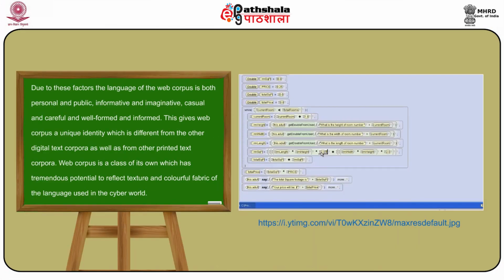Due to these factors, the language of the web corpus is both personal and public, informative and imaginative, casual and careful, and well-formed and ill-formed.